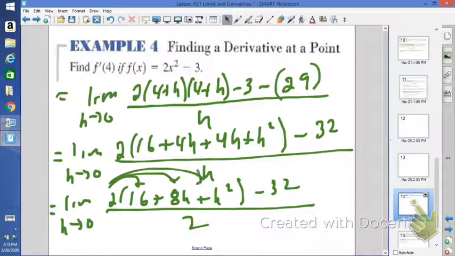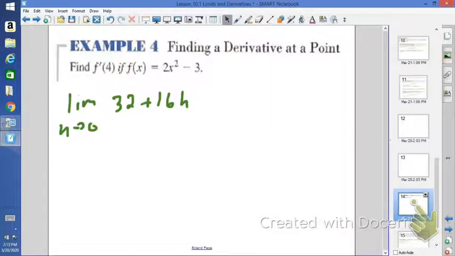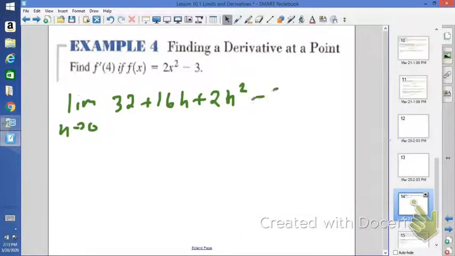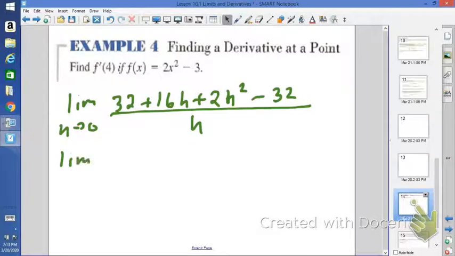And then 2 times h squared is 2h squared. And then minus 32, all over h. The 32 and then minus 32 will give you 0. So we're left with 16h plus 2h squared over h.